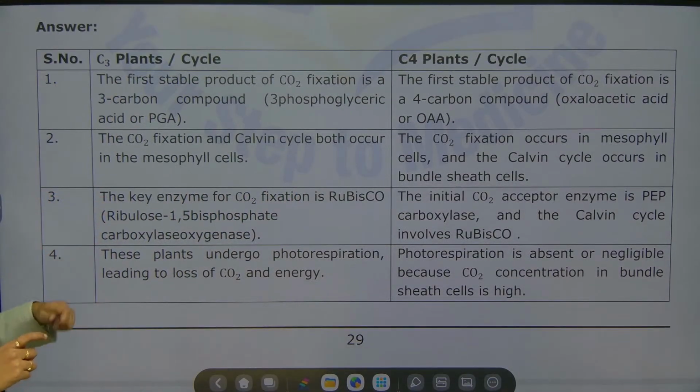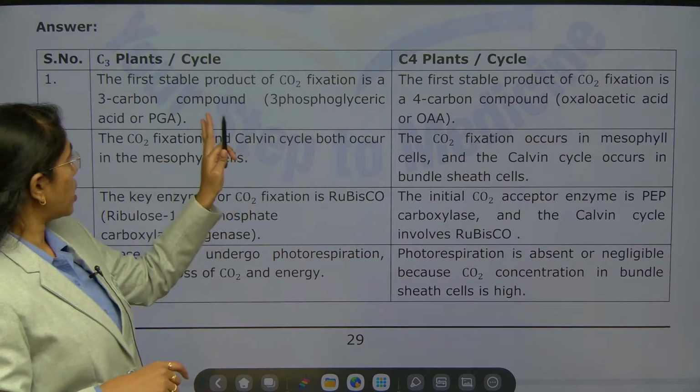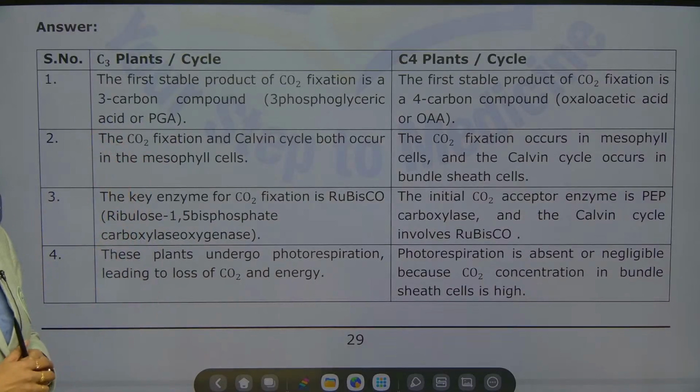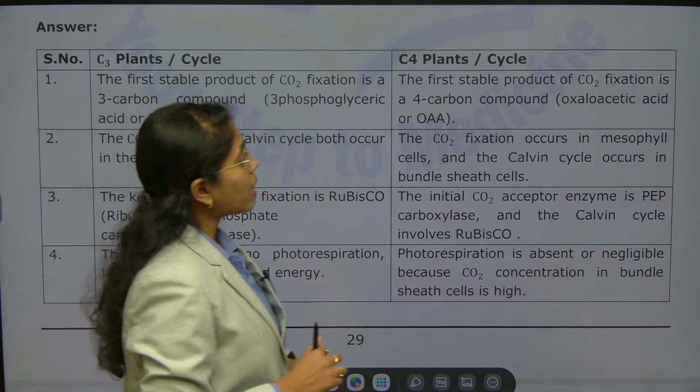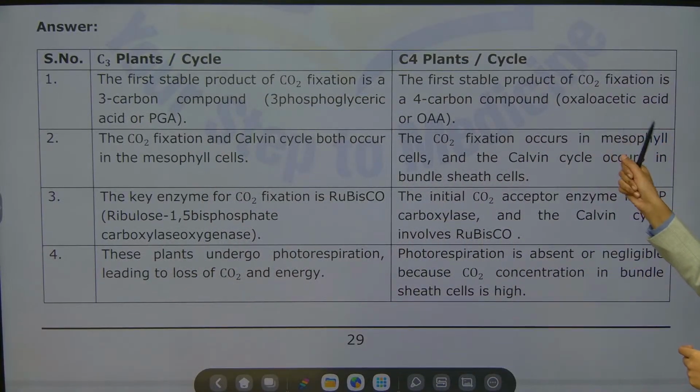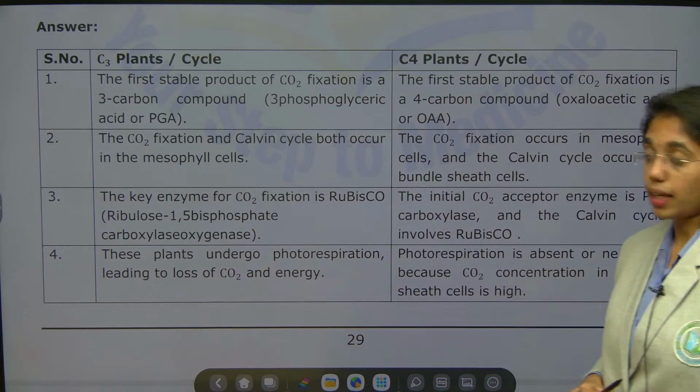In C3 plants, the first stable product of carbon dioxide fixation is a 3 carbon compound, that is 3-phosphoglyceric acid. In C4 plants, the first stable product of carbon dioxide fixation is a 4 carbon compound, that is oxaloacetic acid.